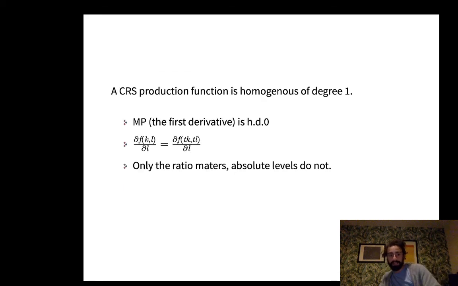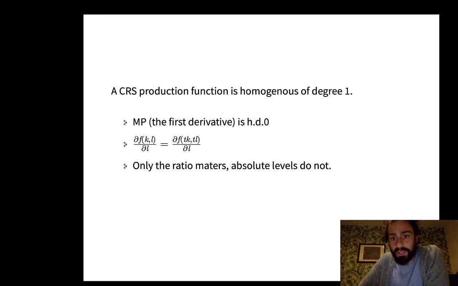One thing to note is that a constant returns to scale production function is homogeneous of degree 1 by definition. So the marginal productivity is then homogeneous of degree 0. That was math, if you remember back from math camp, the first week of this class when I gave you a bunch of math definitions you probably don't remember.